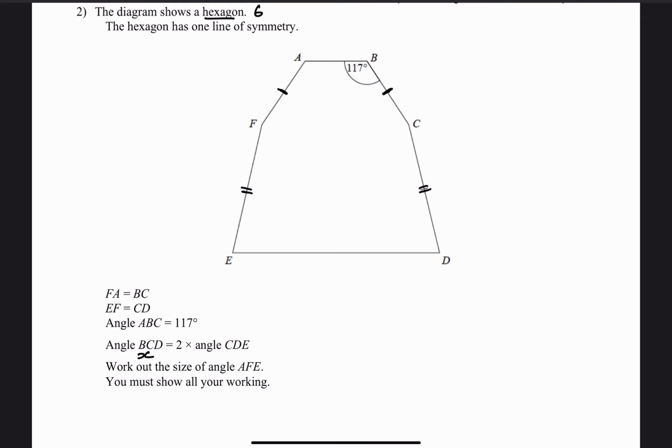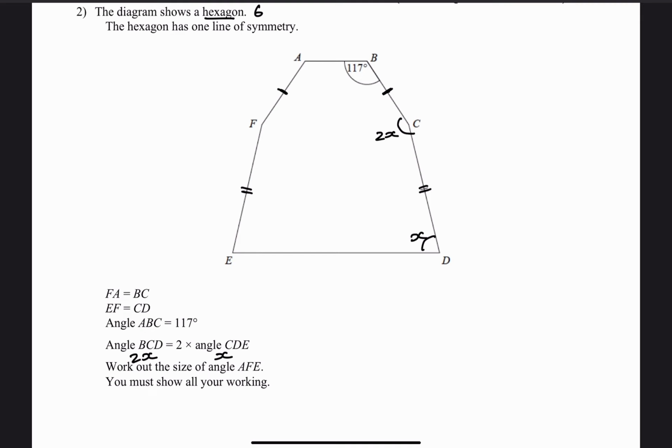Let's call CDE x. Can you see CDE is this angle, x. So what is BCD? BCD is this angle. If CDE is x, then 2 times that makes BCD 2x.